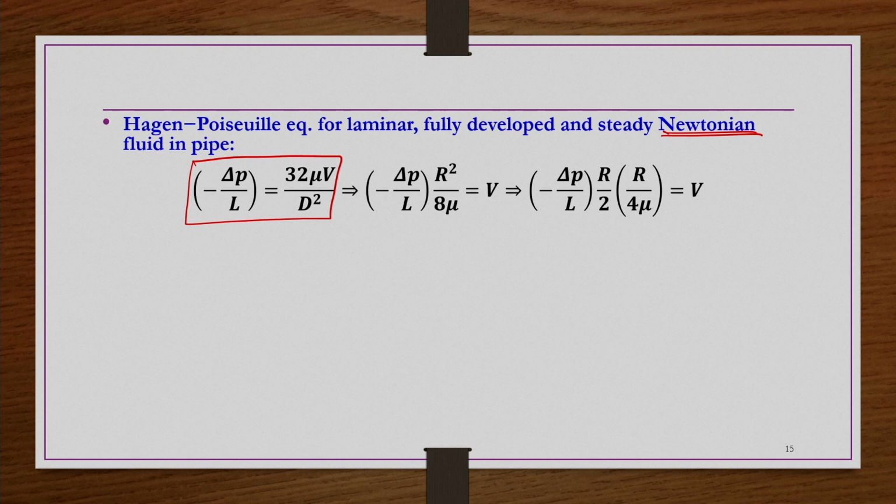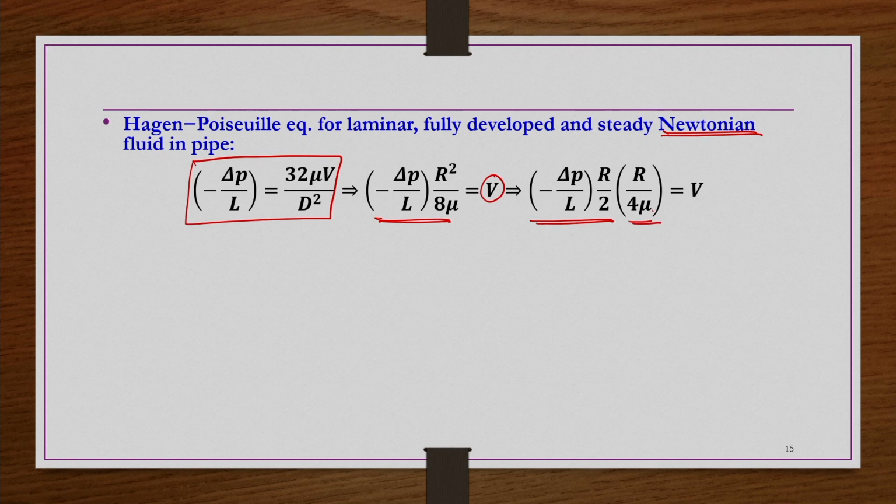So now what I am doing, I am keeping v only in the right hand side, and the rest of the terms I am taking to the left hand side. Also I am converting the d in terms of r. It is not required anyway, but for some reasons. So then further on the left hand side, minus delta p by L, r by 2 I am writing as one term, and then the remaining r by 4 mu as the other term.